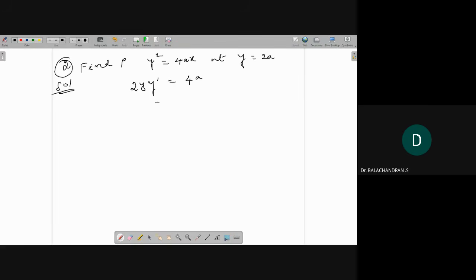So I need y dash. Y dash is equal to 4a divided by 2y, which is equal to 2a by y.